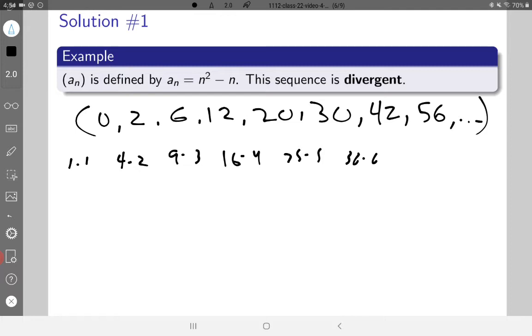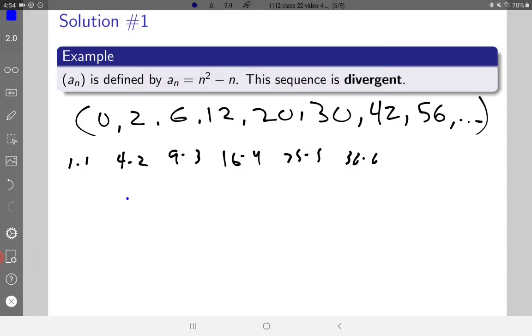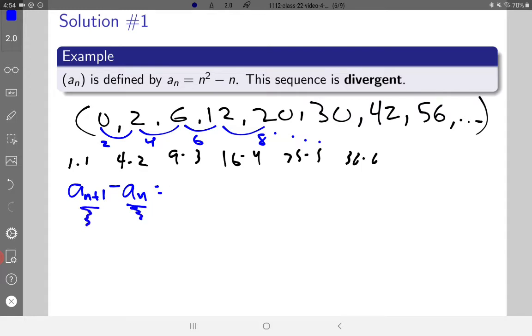You may even notice an interesting pattern here where the difference between terms looks like I added 2, then I added 4, and then I added 6, and then I added 8. Well, that's not black magic happening there. That's just some simple algebra. Look at what a_(n+1) minus a_n is. In other words, if I take a term, a_n, and look at the next term and ask what their difference is, it turns out it's going to be a multiple of 2.